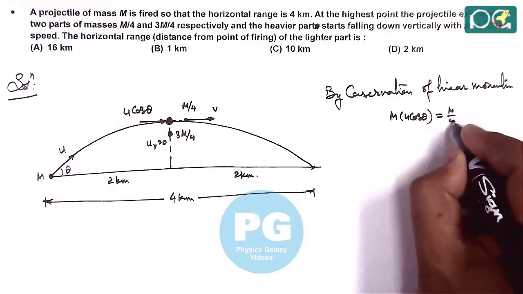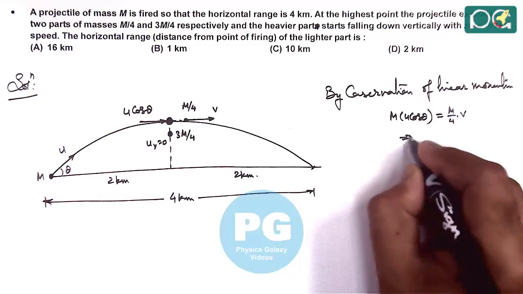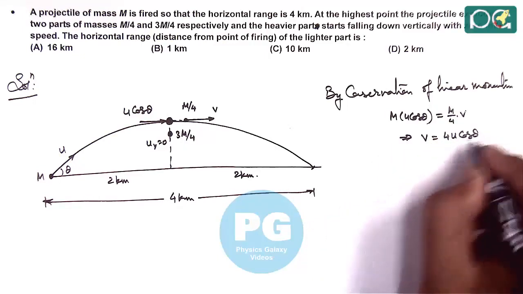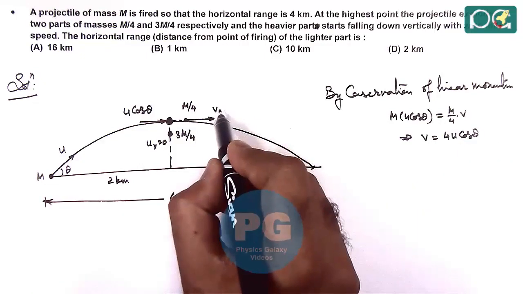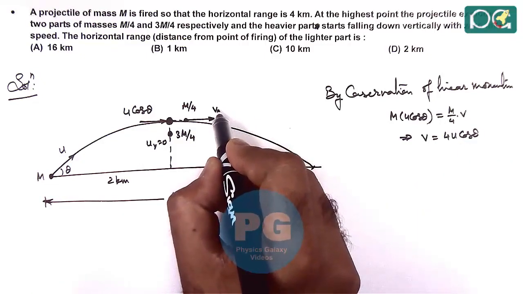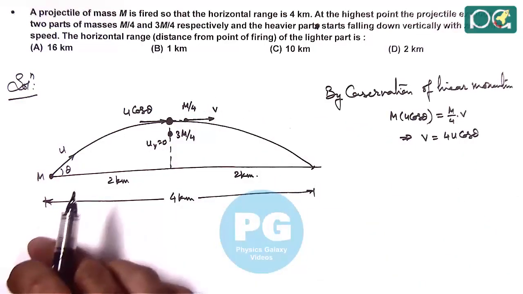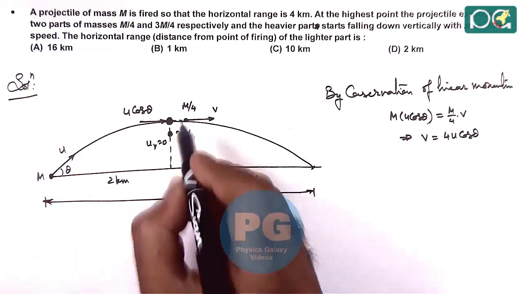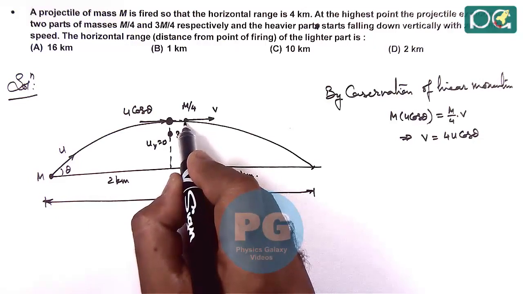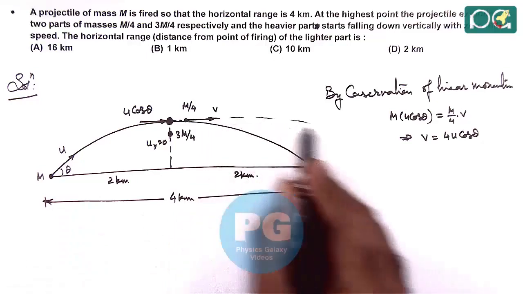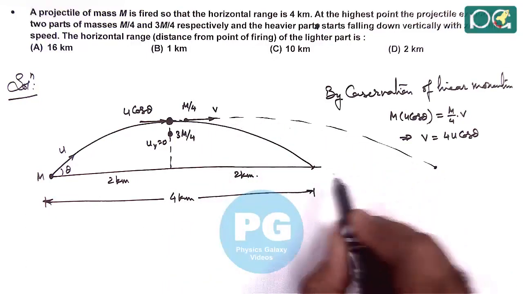So it is m by 4 times v, which gives us the velocity as 4 times u cos theta. That means here the velocity is increased to 4 times in horizontal direction. So it will certainly go far away. But it will also not be having any velocity in y direction, so it will follow a projectile path and will land somewhere here on the ground.